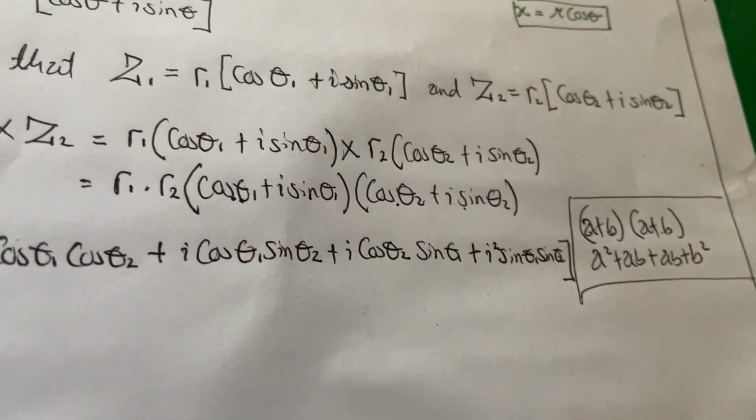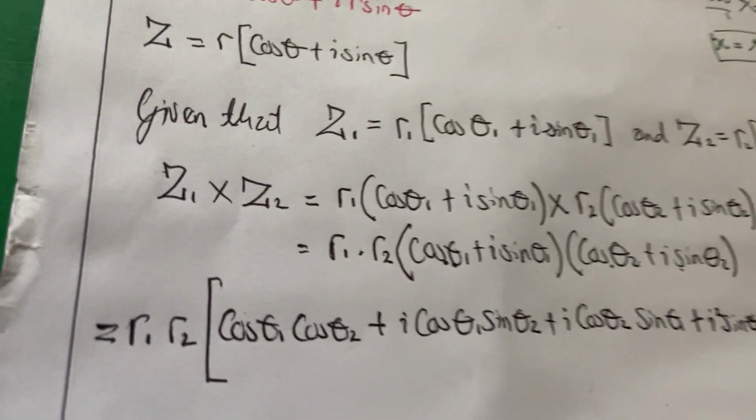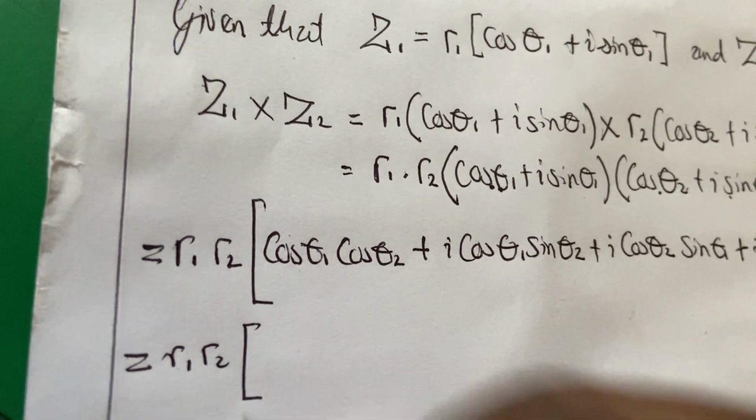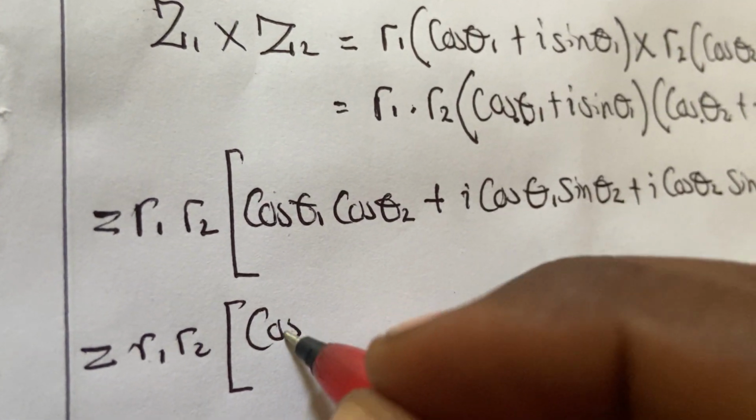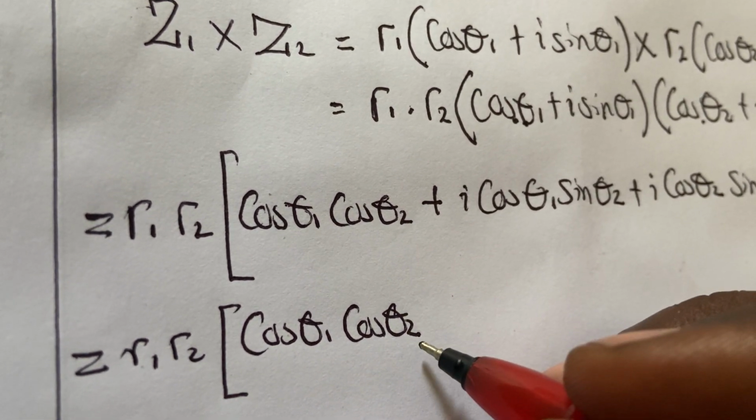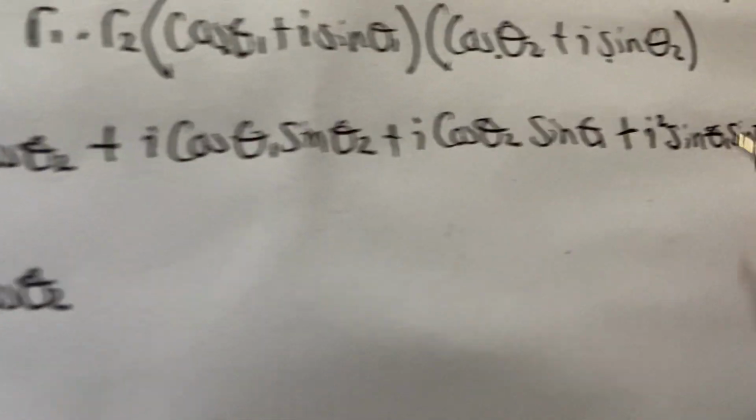Alright, so let's simplify this. r1 r2 cos theta 1 cos theta 2. Now I want you to take a look at this.